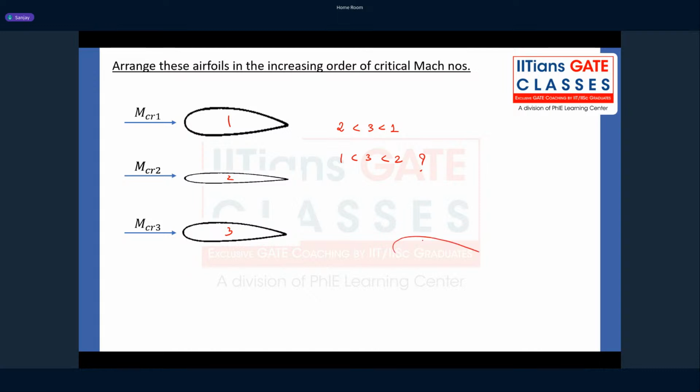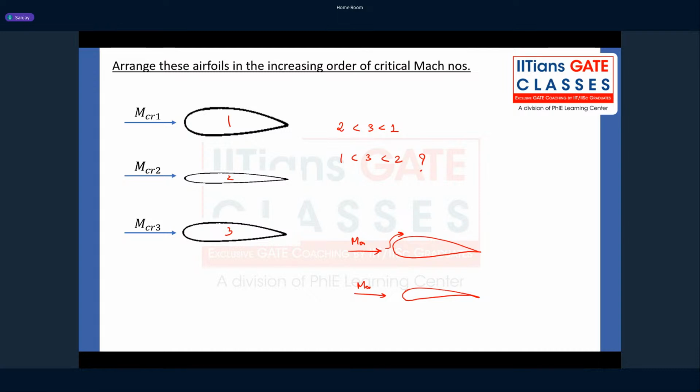So let's take a thick aerofoil and a thin aerofoil. The first one is thick, and this is the thin aerofoil. For the same free stream Mach number, M infinity, what do you see? A thick aerofoil will suddenly expand the flow and accelerate it quickly, right?